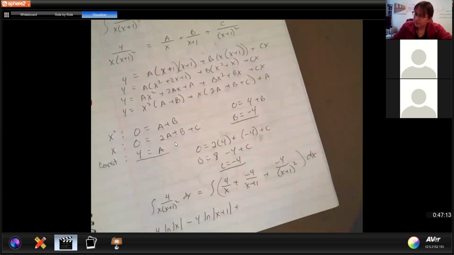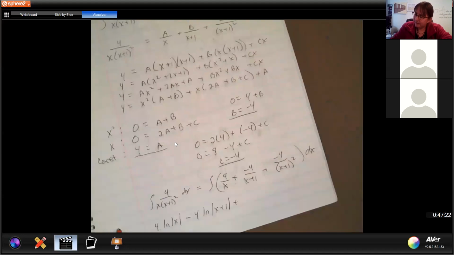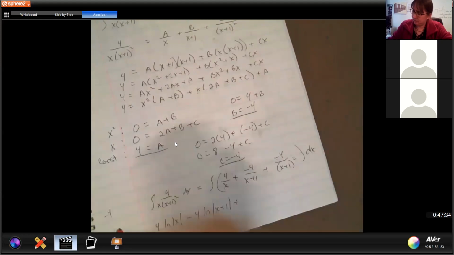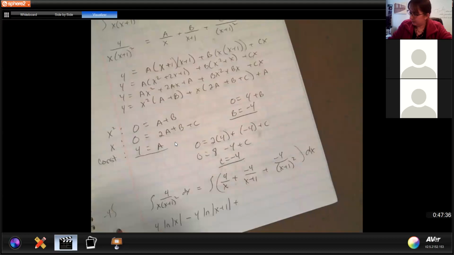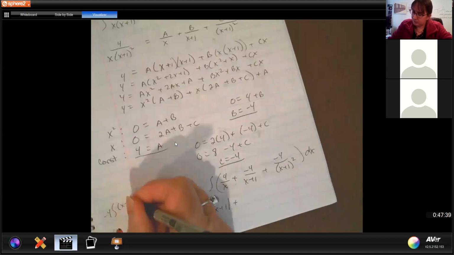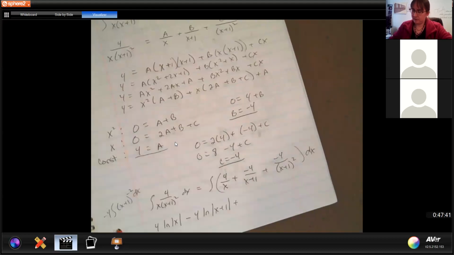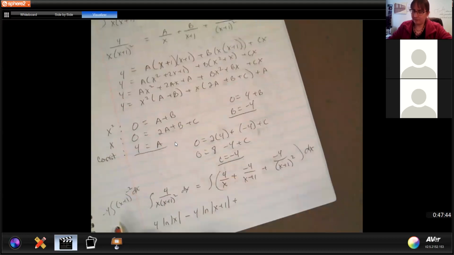so this is going to be the integral of -4 times (x plus 1) to the -2. Oh, I ran out of room again. So it's not a simple ln integral.